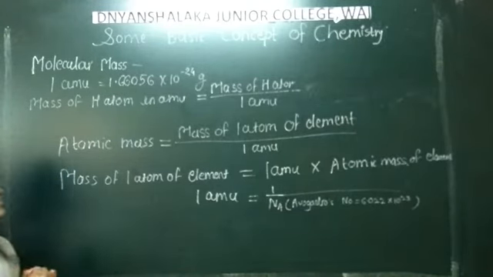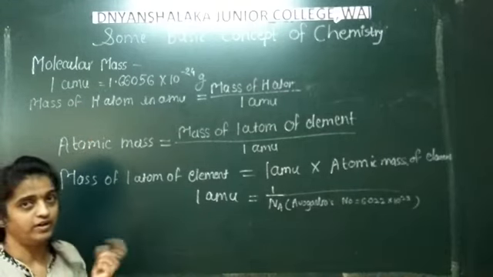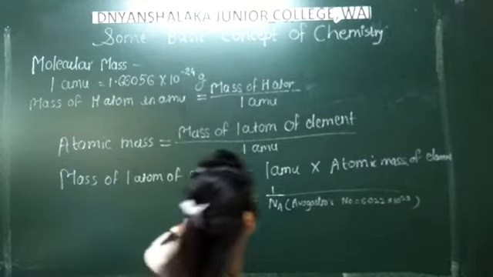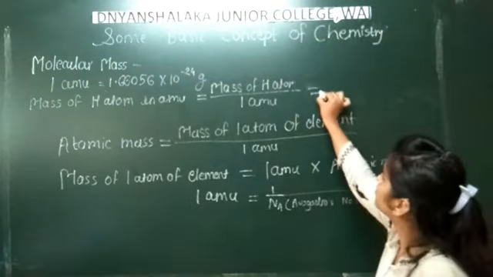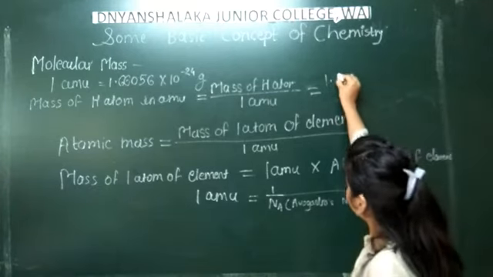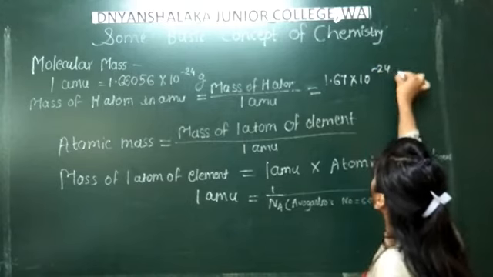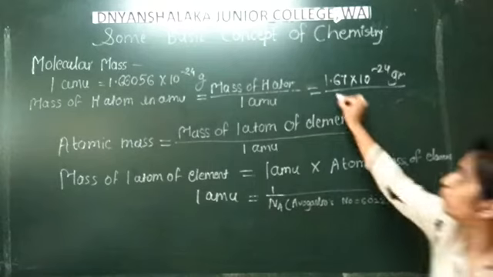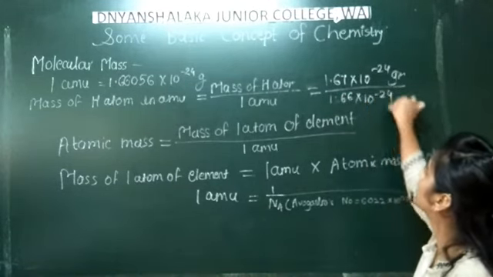Today we check the mass of a hydrogen atom in AMU. AMU means atomic mass unit. The formula is mass of hydrogen atom upon 1 AMU value. Using a mass spectrometer, the mass of a hydrogen atom is 1.67 into 10 raised to minus 24 gram, upon 1 AMU value, which is 1.66 into 10 raised to minus 24 gram.